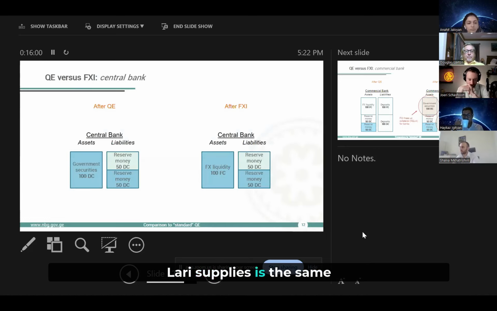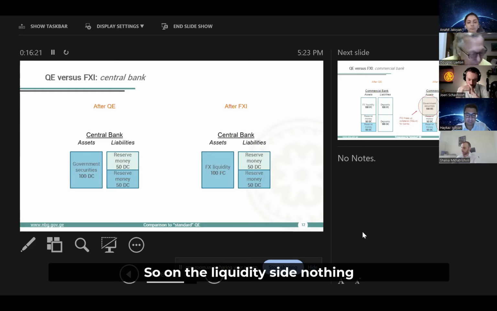And lari supply is the same across these two examples, which means that sterilization of FX intervention can work perfectly well. Lari's price, which is the short-term money market risk-free interest rate in the system, can be exactly the same across these two cases. So on the liquidity side, nothing really changes in QE versus FX.